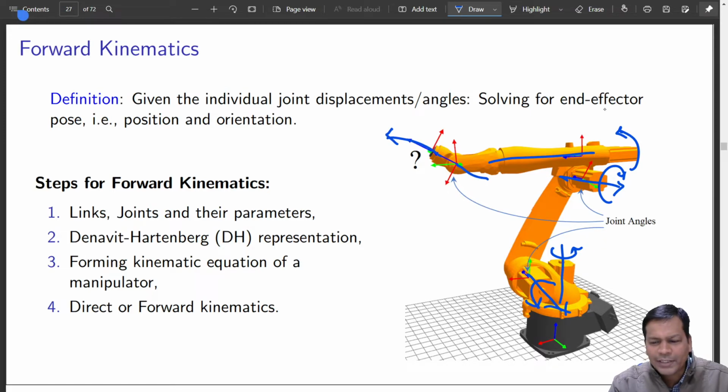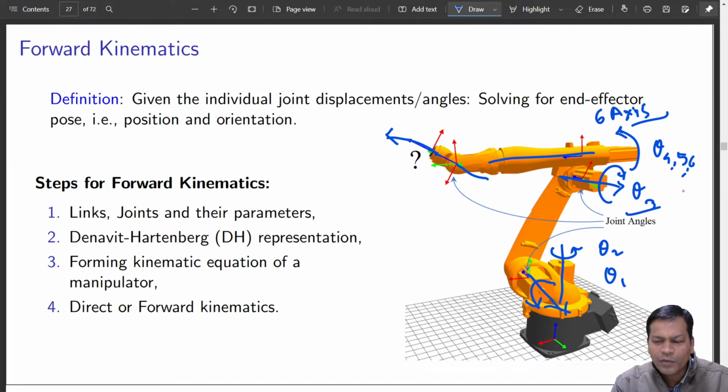So you have a 6-axis robot, a 6 degrees of freedom robot. All 6 joint rotations, theta 1, theta 2, theta 3, theta 4, 5 and 6, the combination of all thetas, that rotation of joints gives you the end effector position.